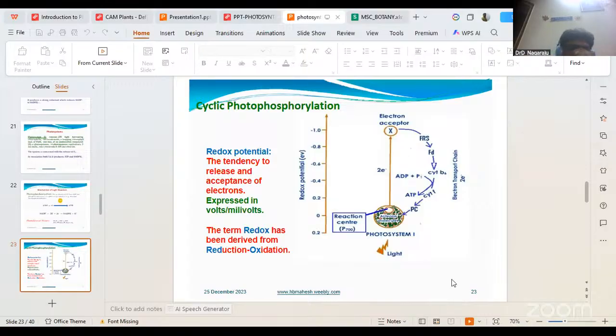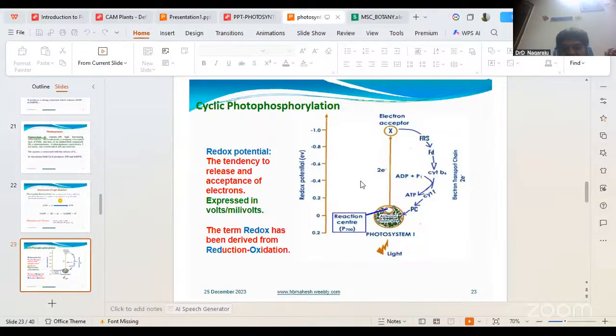Here it again enters into the PS, cyclic. Here it is only ATP, not NADPH. Only ATP is forming, the electron comes back again.